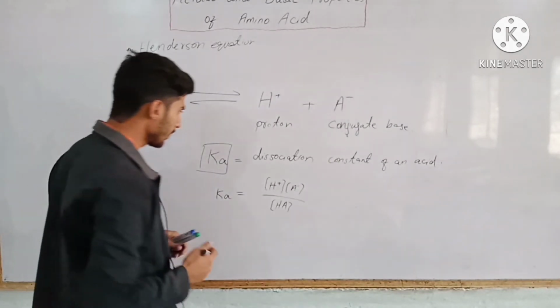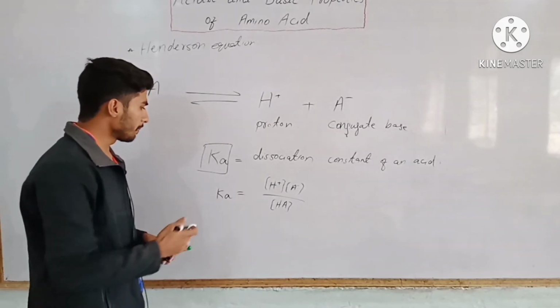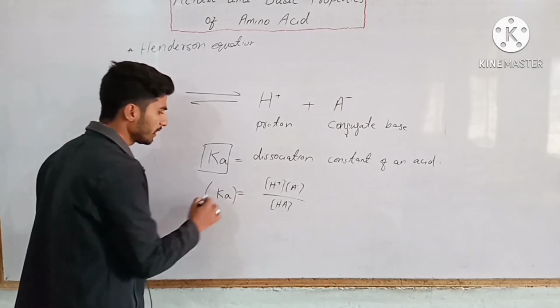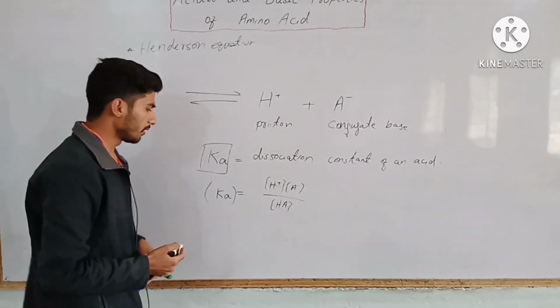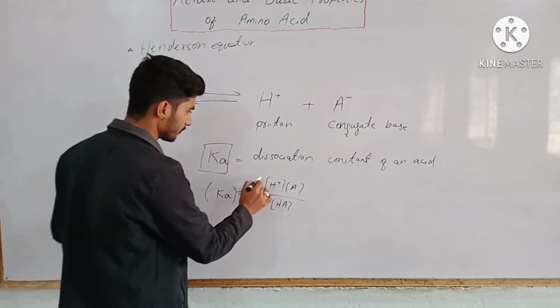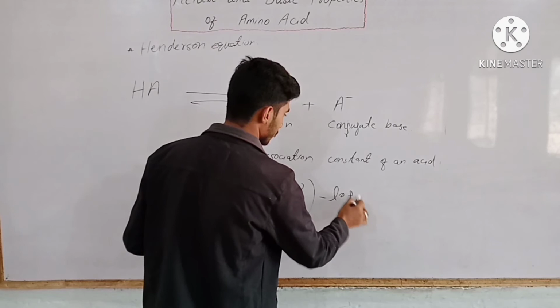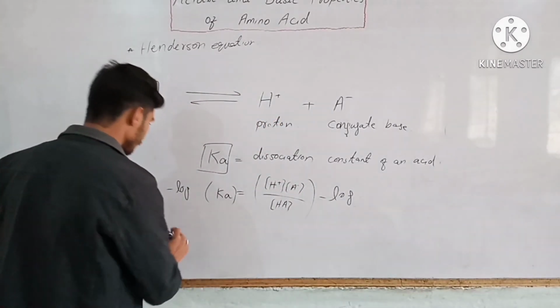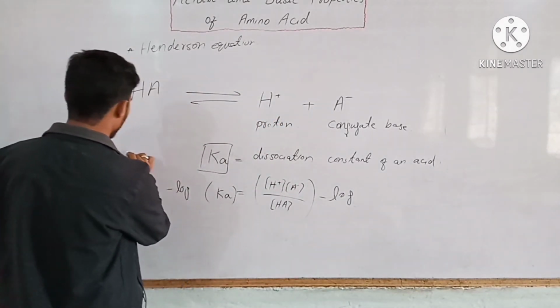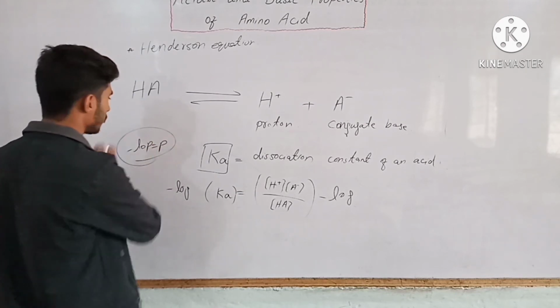Now we will calculate its pH by multiplying both sides by the negative of the log. This negative log is equal to p.